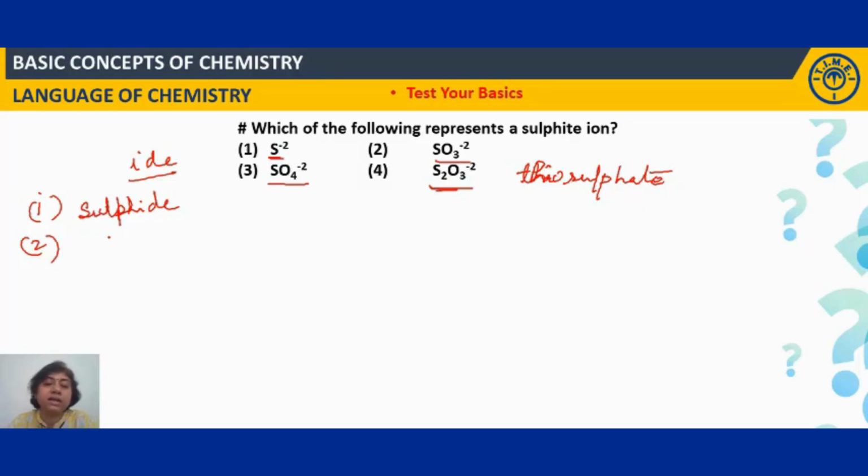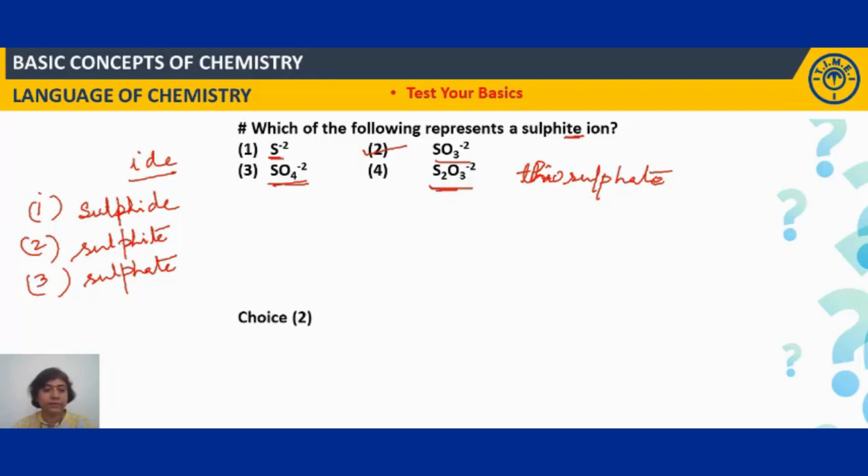If less number of oxygen, then the suffix is ITE, sulfite. If more number of oxygen atoms are there, then ATE, sulfate. And already we have seen thiosulfate is the 4th one. So our required one is sulfite, so it is nothing but the second one. Okay, let's see the solution and we'll move on to the next question.